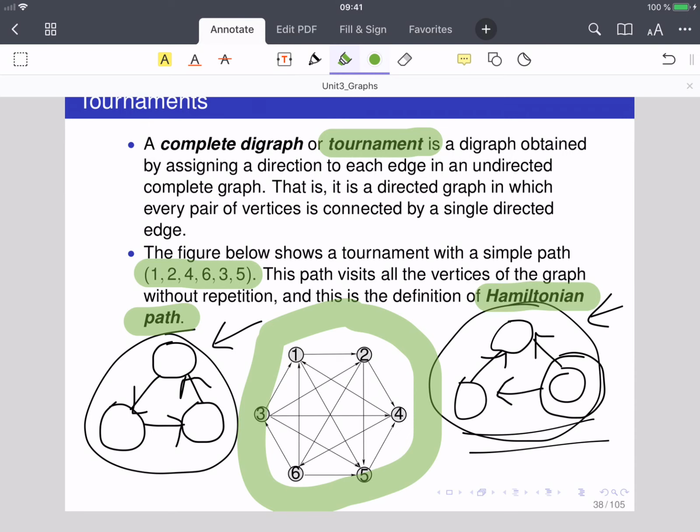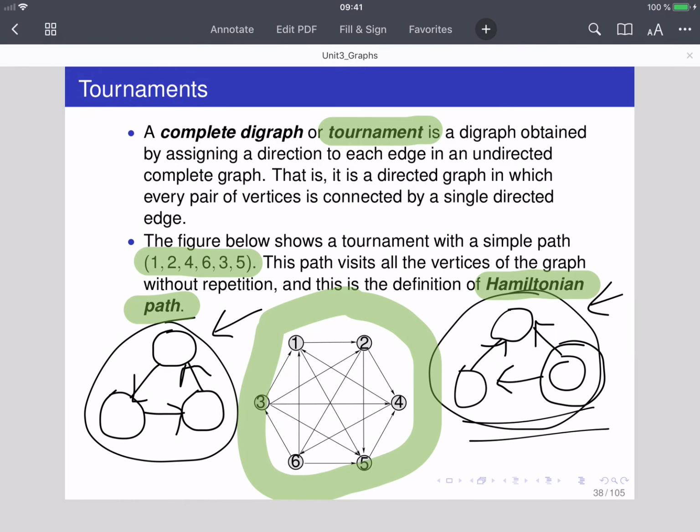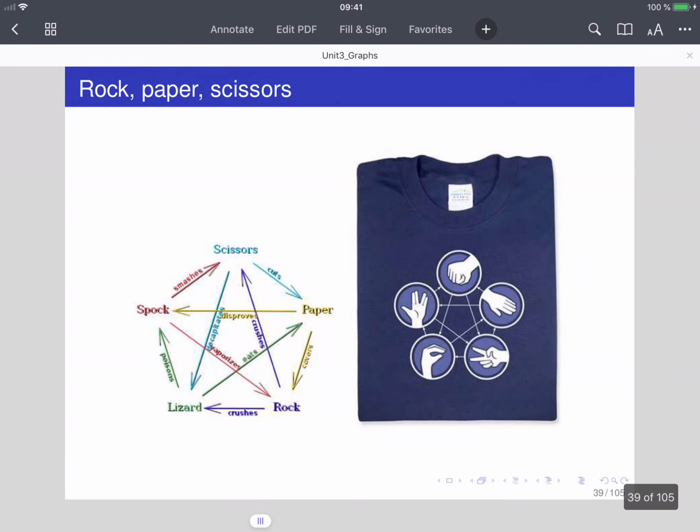Okay. Also, this kind of graph can be used to represent some games that I'm sure you know. For instance, the famous rock, paper, scissors game can be represented as a tournament, and also its more fun variant as seen in The Big Bang Theory, which is called scissors, Spock, paper, lizard, and rock.